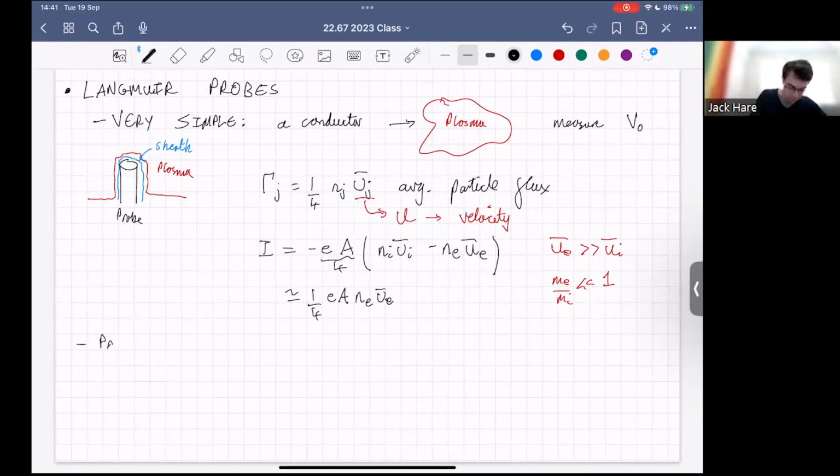So this means that the probe charges negative because it's collecting loads of electrons, and it keeps going until all the electrons are repelled, or until a vast majority of the electrons are repelled. And it will keep going until we have no current.